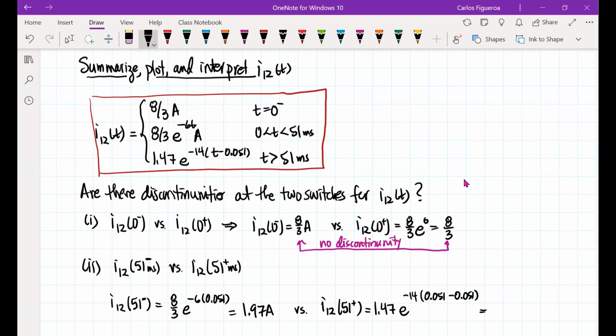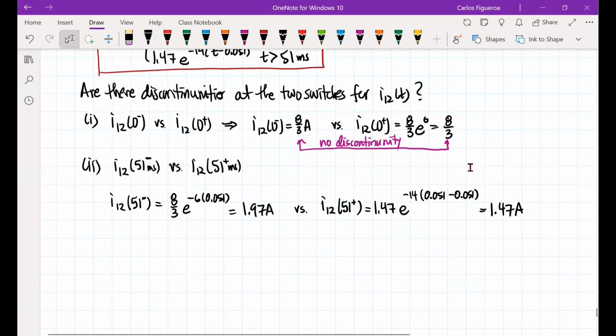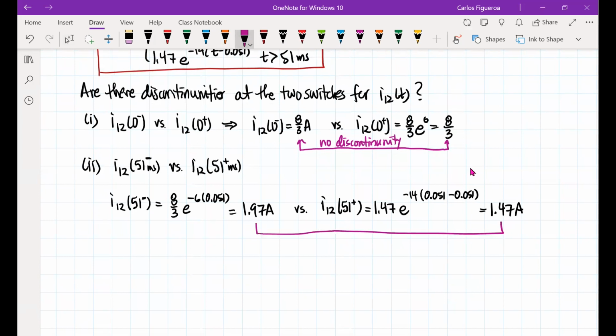So this ends up as 1.47 amps. Look at this. If I compare here to there, we clearly see different values. So here, there is a discontinuity. So when we graph that, we have to include it.